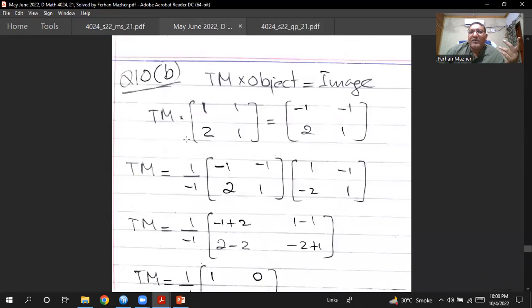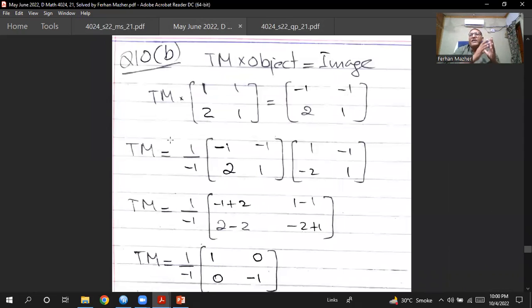The transformation matrix multiplied by the object is equal to the image. Here we take only 2 points. So I have taken (1, 1) and (2, 1), and their images are (-1, 1) and (-2, 1). This is the famous equation: transformation matrix multiplied by object is equal to the image. So I want to find the transformation matrix. I will take this object matrix to the other side, and when it goes to the other side, it will become the inverse of this matrix.